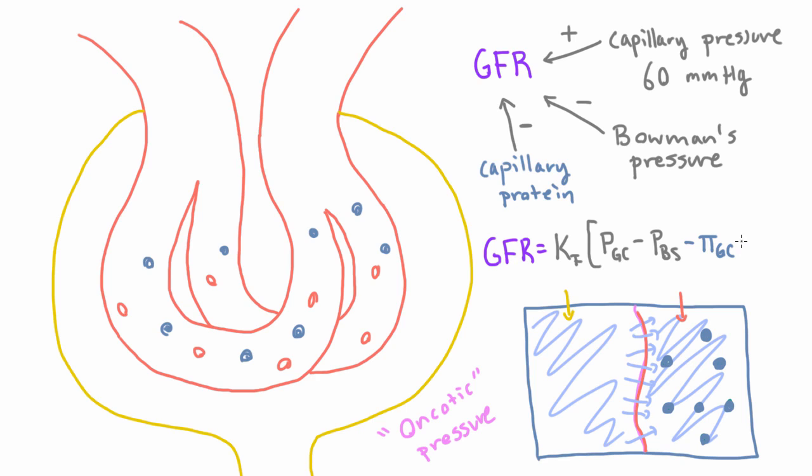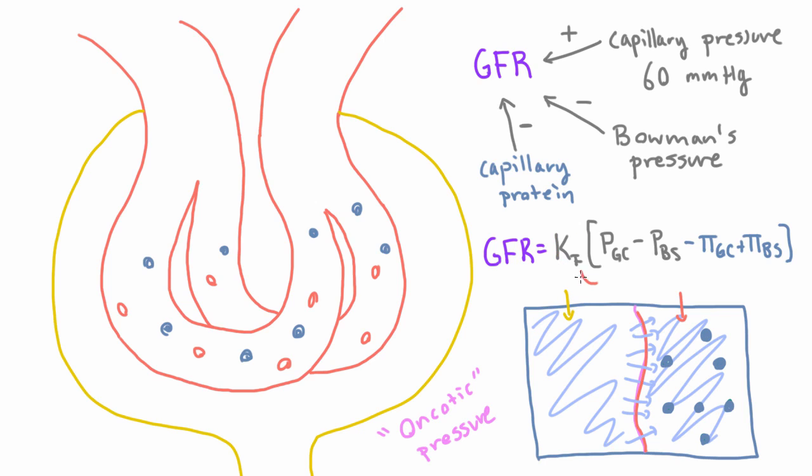And then technically we add this term plus the oncotic pressure of Bowman's space. And the reason we add that is that technically if you had proteins out here in Bowman's space, they would drag more fluid into Bowman's space and increase your GFR, but normally you don't, you shouldn't, so normally this term would be 0.